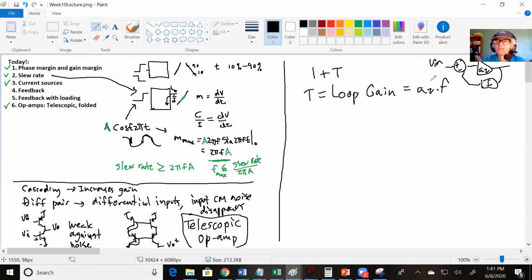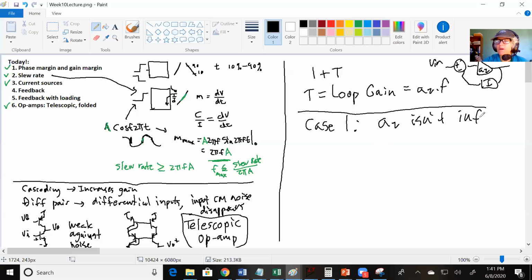Okay, and let's look at case one. So our case one with feedback is if AV isn't infinite.